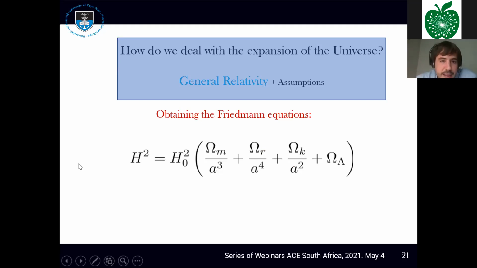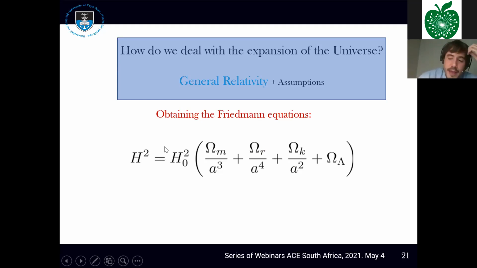And what we get here, within the Friedmann equations, is the rate of expansion of our universe at any point in time, at any time in the history of our universe.